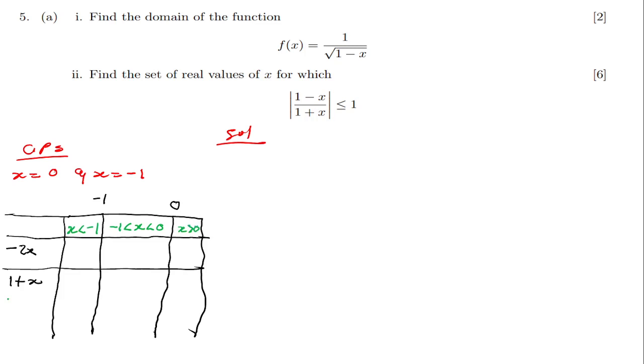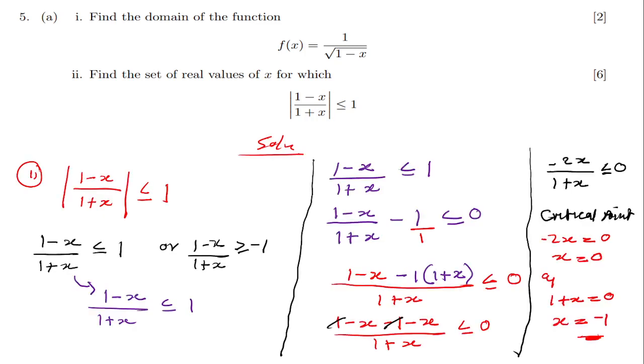Upon doing that, if you remember very well, the equation is negative 2x over 1 plus x, according to what we solved on top for this one.